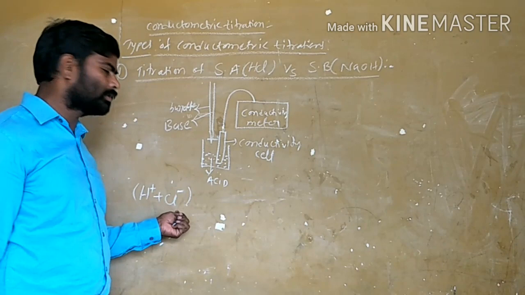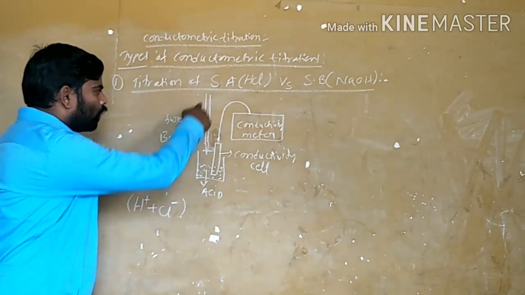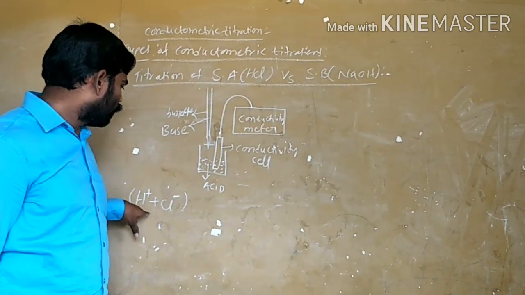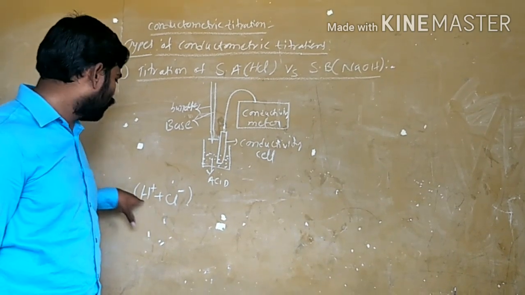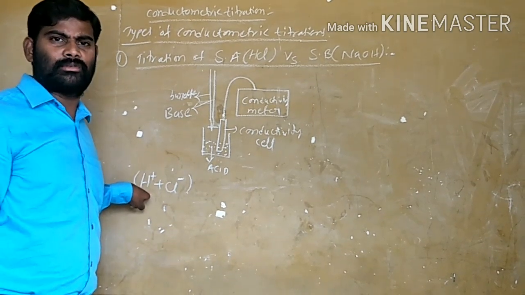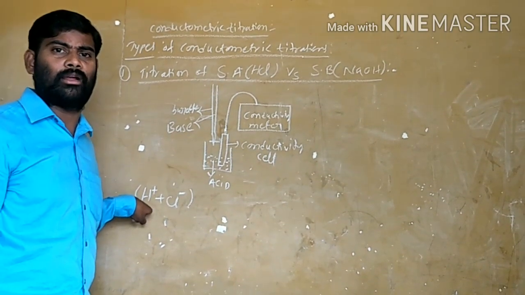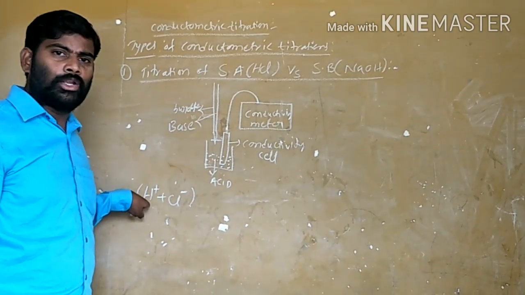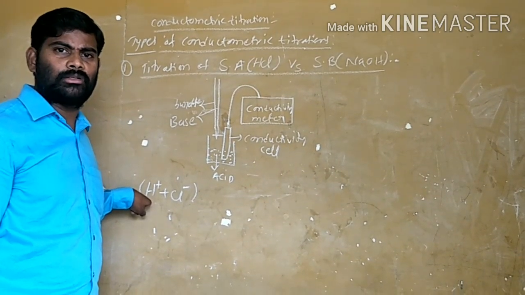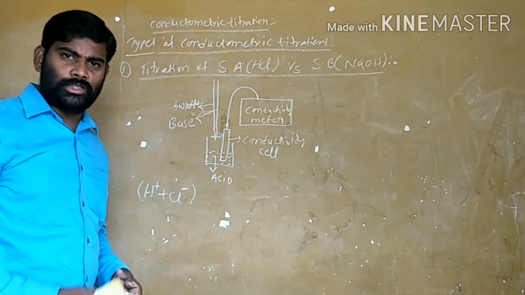Comparing all the cations, H plus ions have the highest mobility. Due to these highly mobile H plus ions, the conductance value is high.